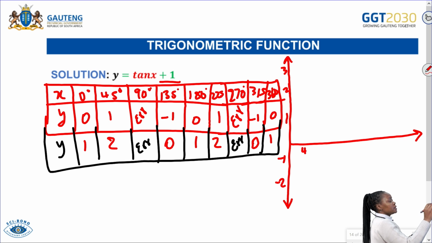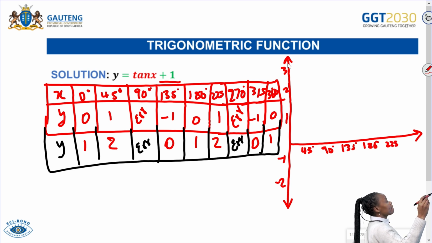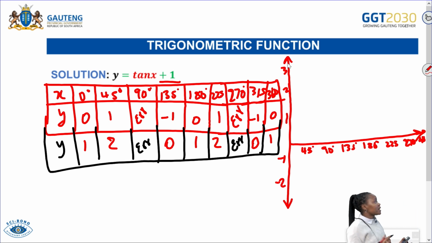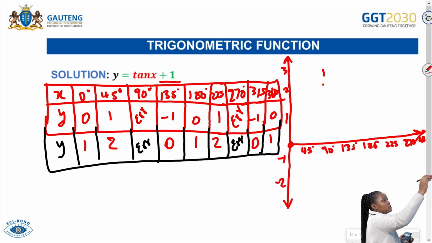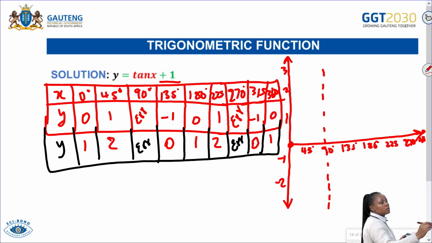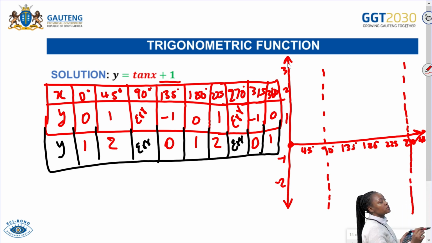So our graph is starting at 45, 90, 135, 180, 225, 270, up until 315. I don't have space for 360. So I'll have my mother graph at 0, and then my other asymptote at 270.